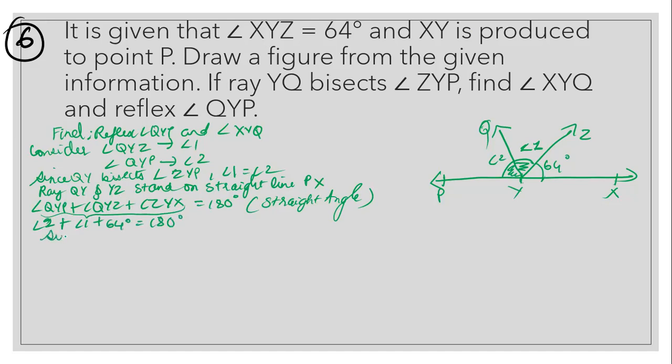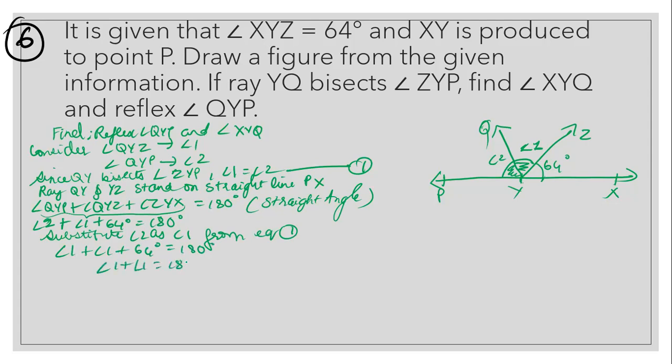Now substitute angle 2 as angle 1. Let's name this equation 1. From equation 1, angle 1 plus angle 1 plus 64 degrees is equal to 180 degrees, correct? So what is 180 minus 64 degrees, which is equal to 116 degrees.